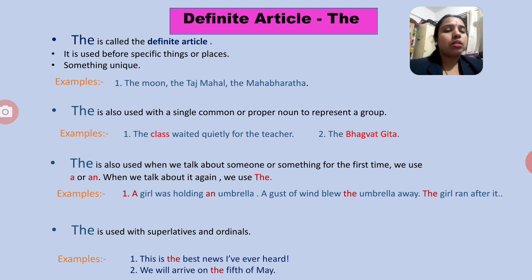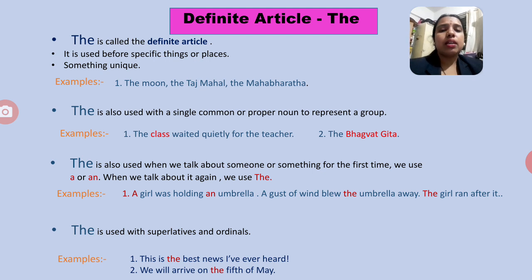I have used the Bhagavad Gita because this book is a specific, particular book. In Hindu Dharma we have the Bhagavad Gita, and it is specific. That's why I have used the.